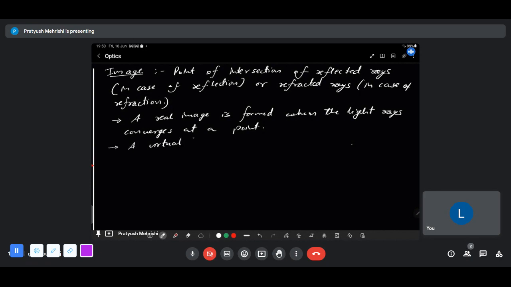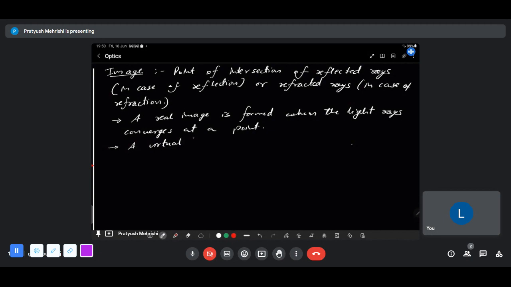So a virtual image is formed when light rays appear to come from a point.